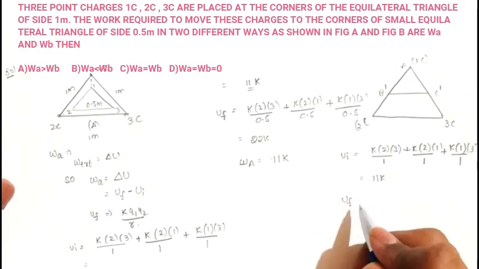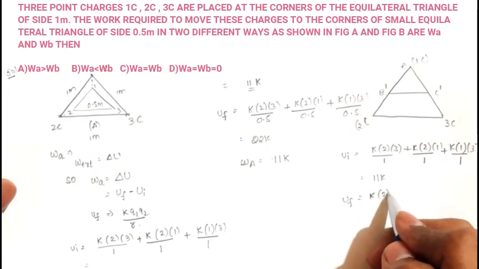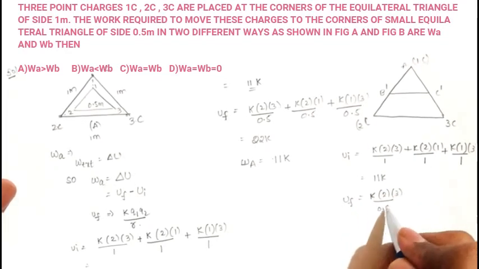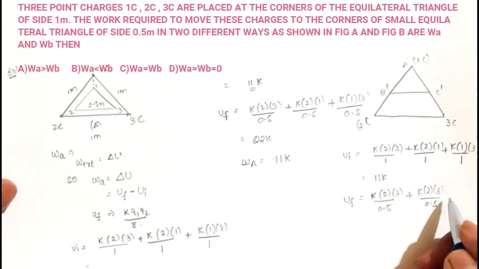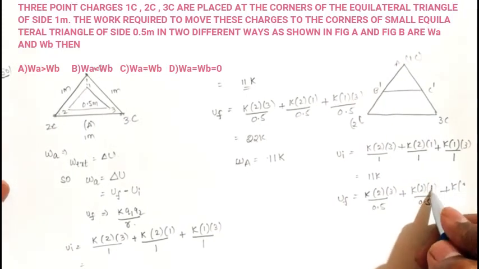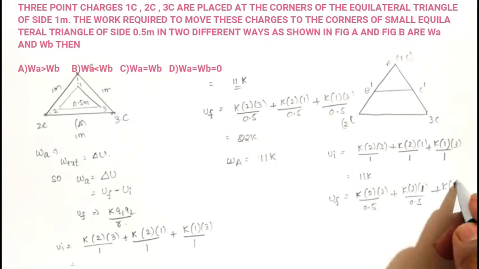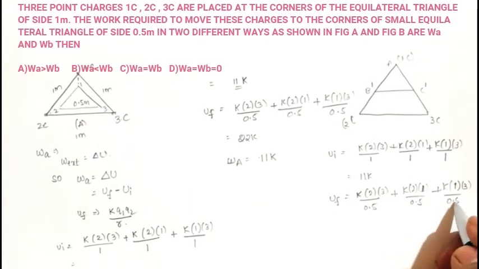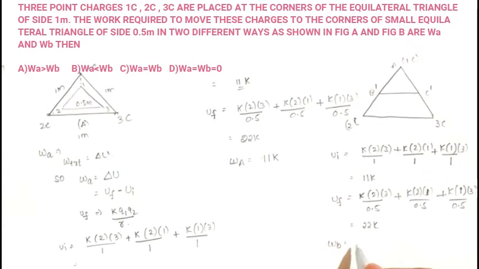And again the final potential energy is K into 2 into 3 divided by 0.5 plus K into 2 into 1 divided by 0.5 plus K into 1 into 3 divided by 0.5, equals 22K. WB equals 11K.